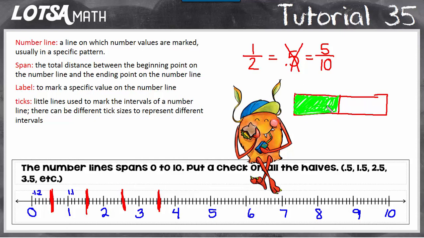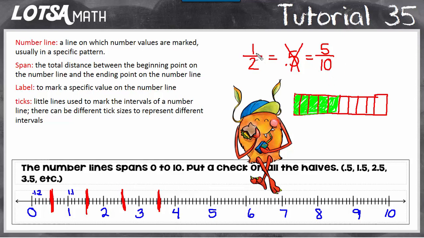But what if this same shape was broken into smaller pieces? What if it was broken into 10 pieces? Now this shape has 10 pieces, or a denominator of 10.